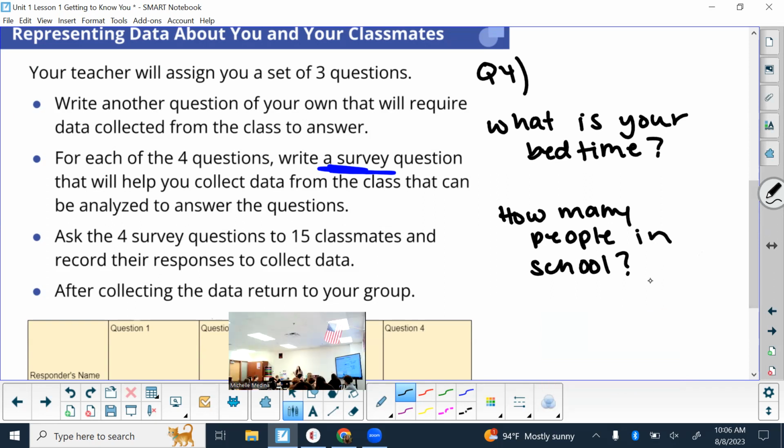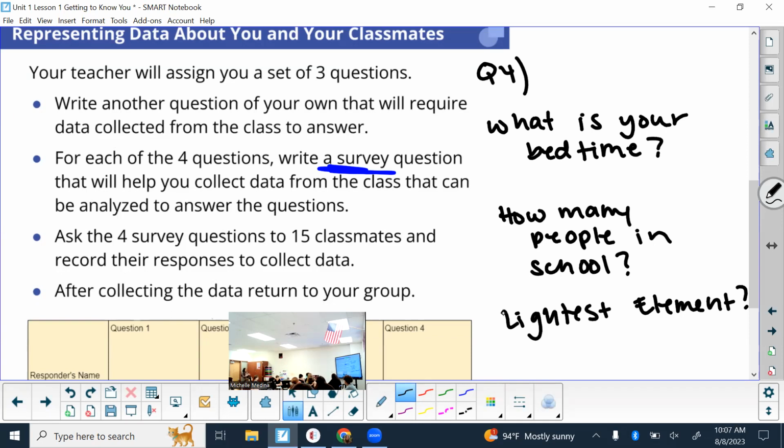It could be whatever question you want, is what I told you. So give me an example of a question that wouldn't have a numerical answer. Okay, lightest element. All right, that might not be your question 4, but it's fine. It'll work for this purpose.